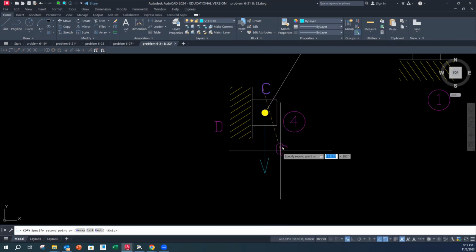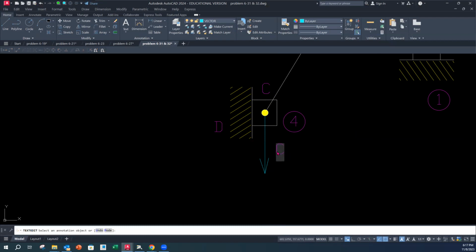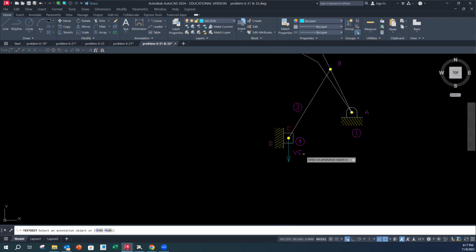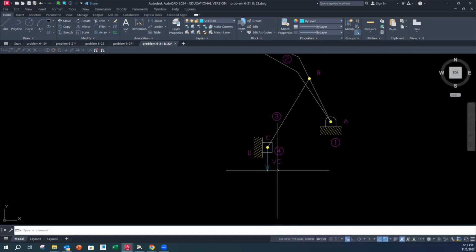I'm going to put this down here and we're going to call that VC, velocity of C. There it is.